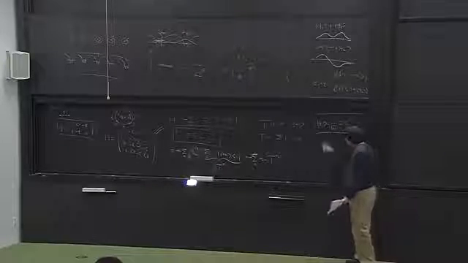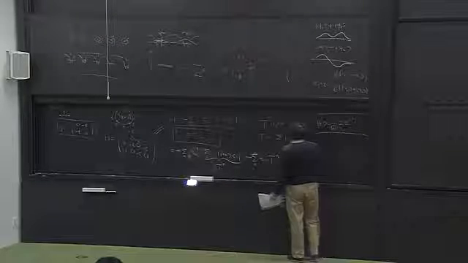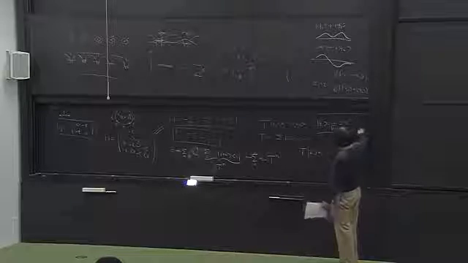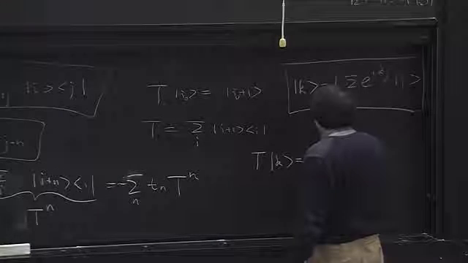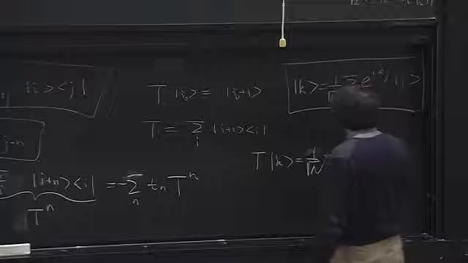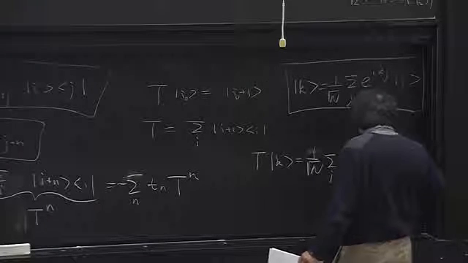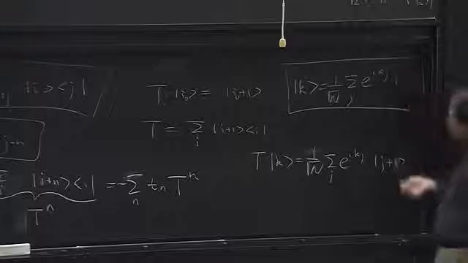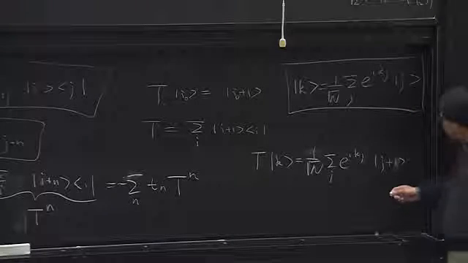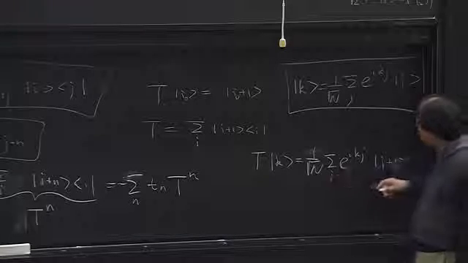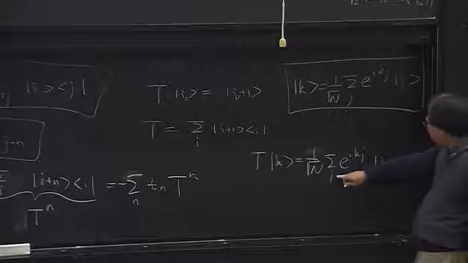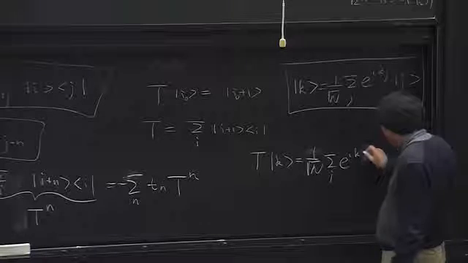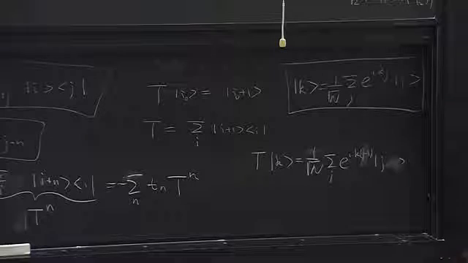This is actually an eigenstate of the translation operator. You can check this when you hit |k> with T. Then this j gets translated by 1, so it becomes j plus 1. We can then redo the summation by shifting j by 1, replacing j by j minus 1, so this becomes e to the i k (j minus 1), and the summation domain stays the same.